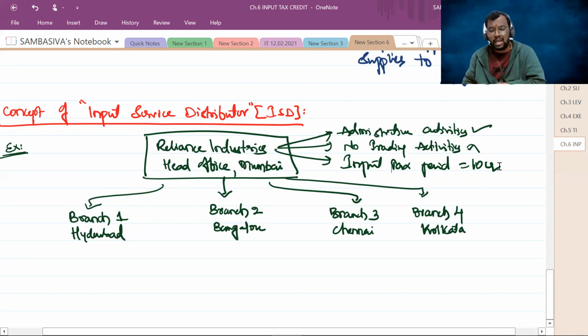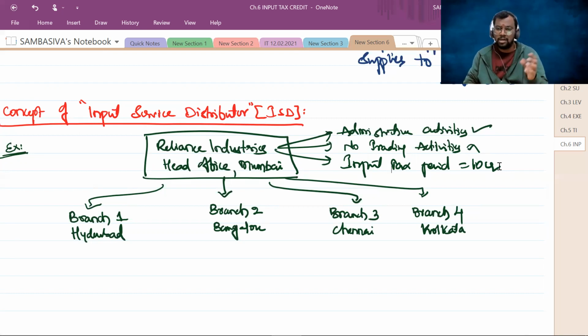Though the trading activity is not happening in the head office, for carrying out the administrative activities it must have received some input services. For construction of the head office building, it requires construction services, architect services, interior decorator services. For running the administrative activities, it needs the services of a chartered accountant and company secretary.